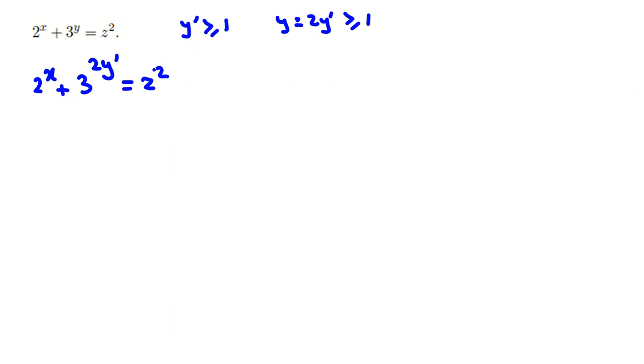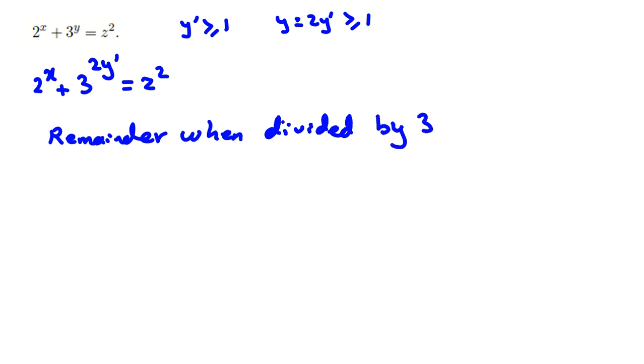So now let's consider these two numbers when divided by 3. The remainder when divided by 3. If you pay attention to the left side, this part is a multiple of 3, so the remainder is 0. z squared is what?